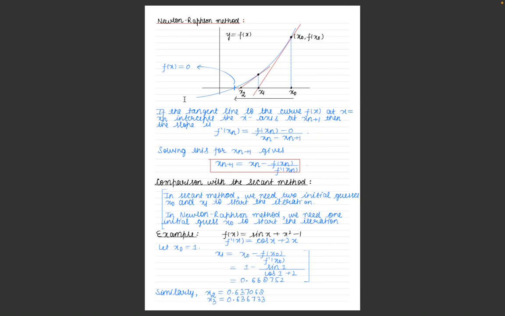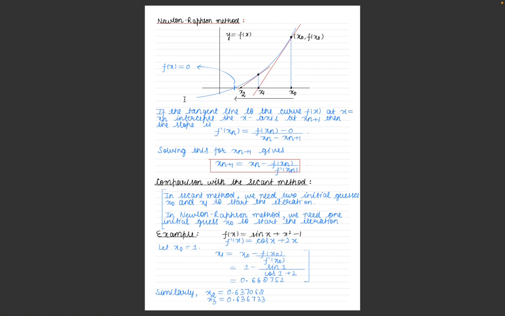And this is precisely the formula for the Newton-Raphson method. So this formula is for the Newton-Raphson method.